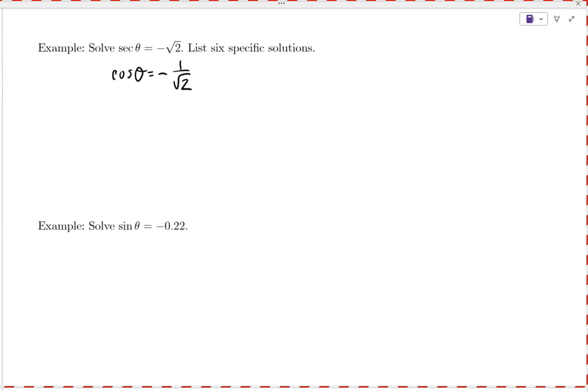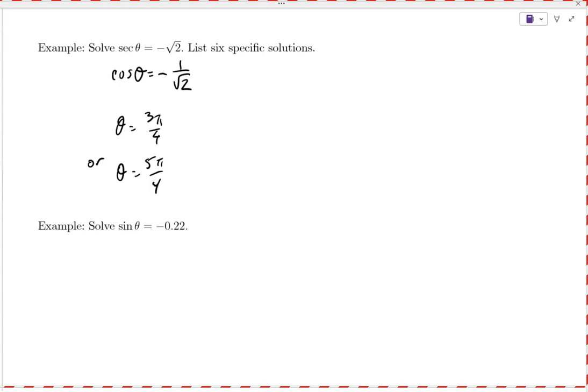What are those? 3 pi over 4, 5 pi over 4. Good, yep. 3 pi over 4 is the one that's in quadrant 2. 5 pi over 4 is the one that's in quadrant 3.